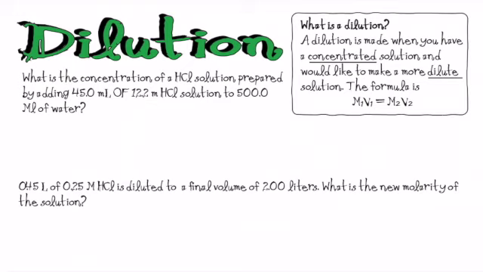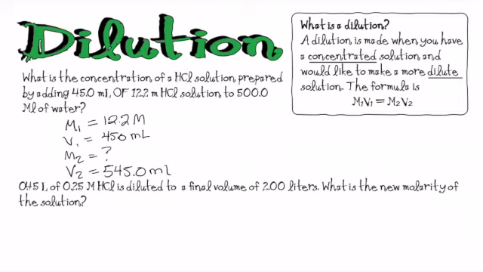What is the concentration of a hydrochloric acid solution prepared by adding 45 milliliters of 12.2 molar HCl solution to 500 milliliters of water? So M1 is 12.2, V1 is 45 milliliters, M2 is what we're looking for, and V2 is the 500 plus the 45, so 545 milliliters.